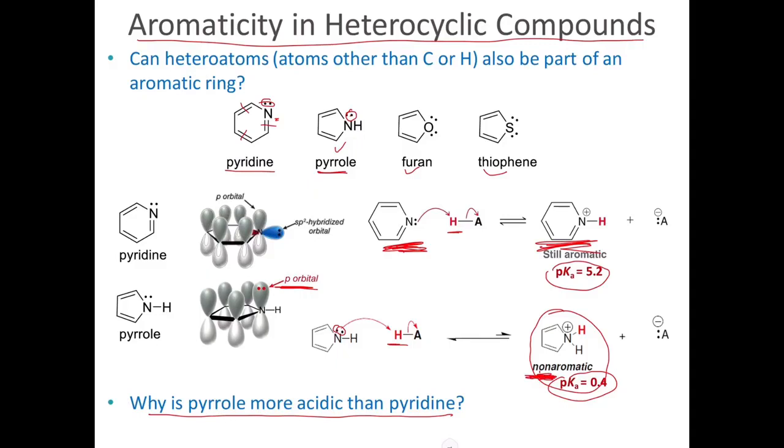So what it does is make sure that it dumps that proton. It wants to dump it so that it can re-achieve the aromaticity. And that's why it is going to be so acidic. It's looking for anything that would be able to grab that proton from it so it can re-achieve the aromaticity.